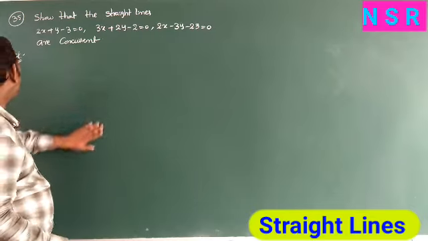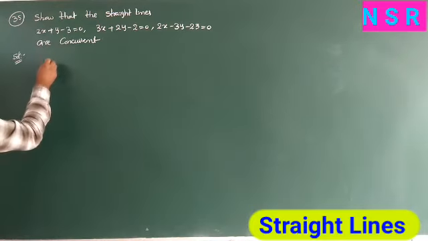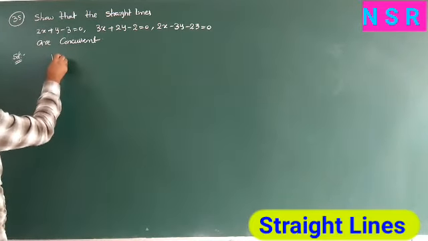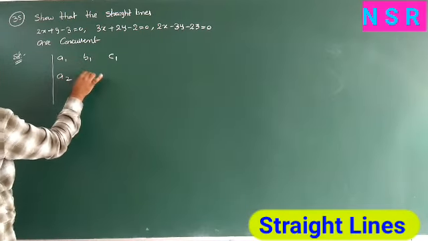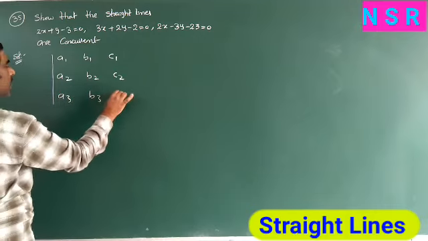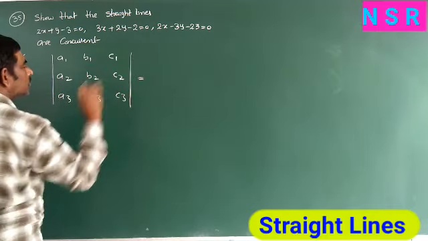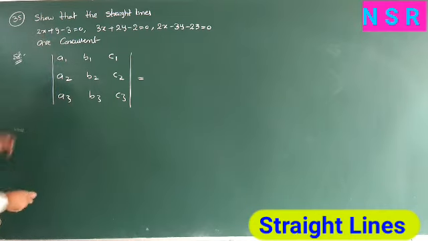So how to prove the given lines are concurrent lines? Find this determinant value: a1 b1 c1, a2 b2 c2, a3 b3 c3. Here a1 is 2, b1 value is 1, c1 value is minus 3.